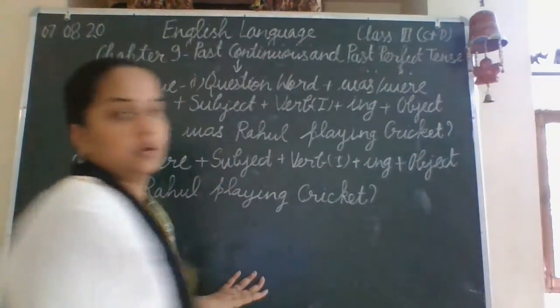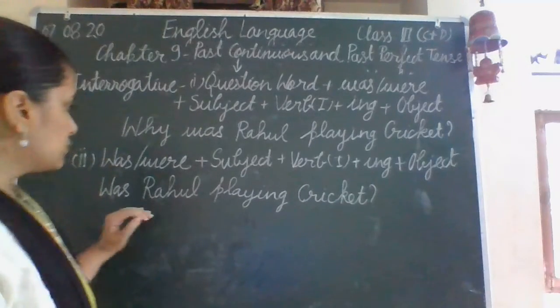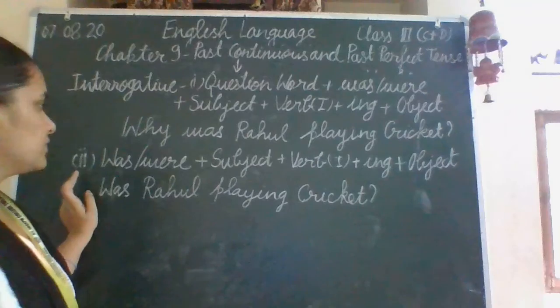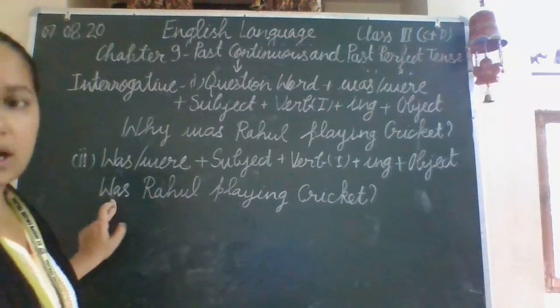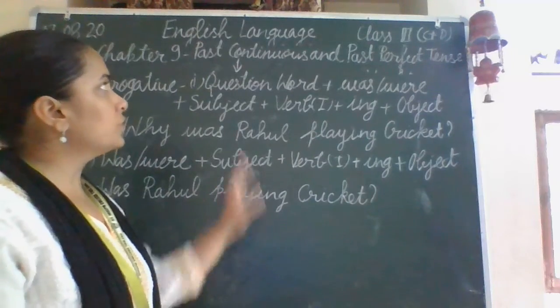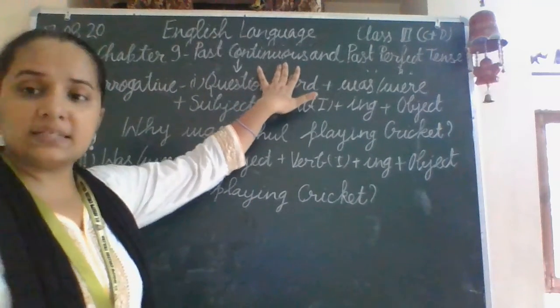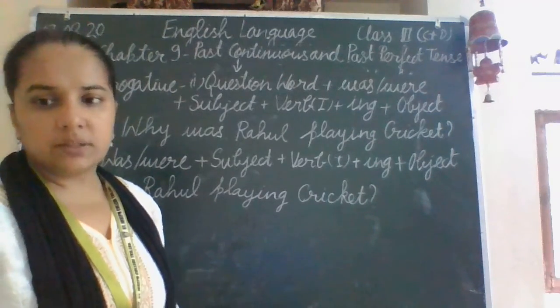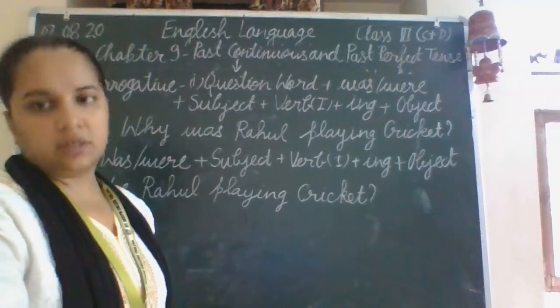And the question mark. So this gives you the interrogative sentence of the past continuous tense which will start with the helping verb. So this is all about the structure of the sentences in the past continuous tense: the affirmative sentence, the negative sentence, and the interrogative sentence.